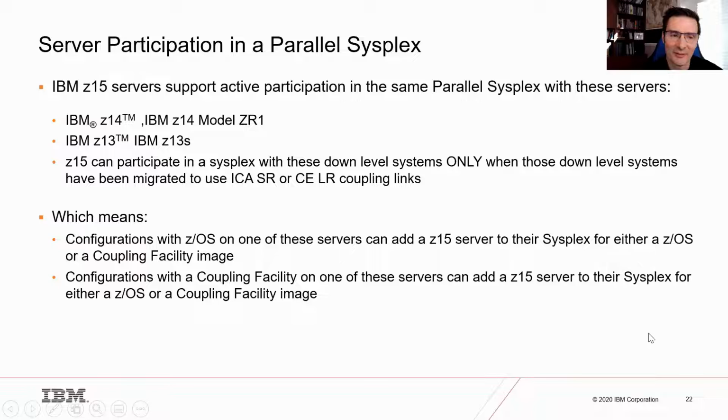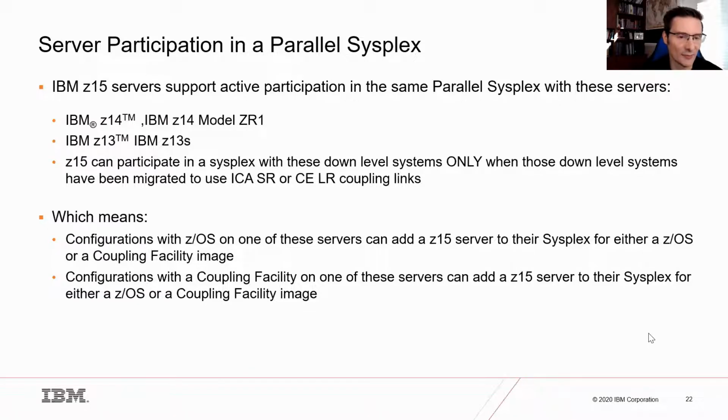Okay, thanks, Marna. So when we're talking about moving a new box into our Sysplex, IBM has had some long-standing rules about interoperability between levels of CPCs or CECs that can be in one Sysplex. And so the z15 will work with N-2 levels of hardware.